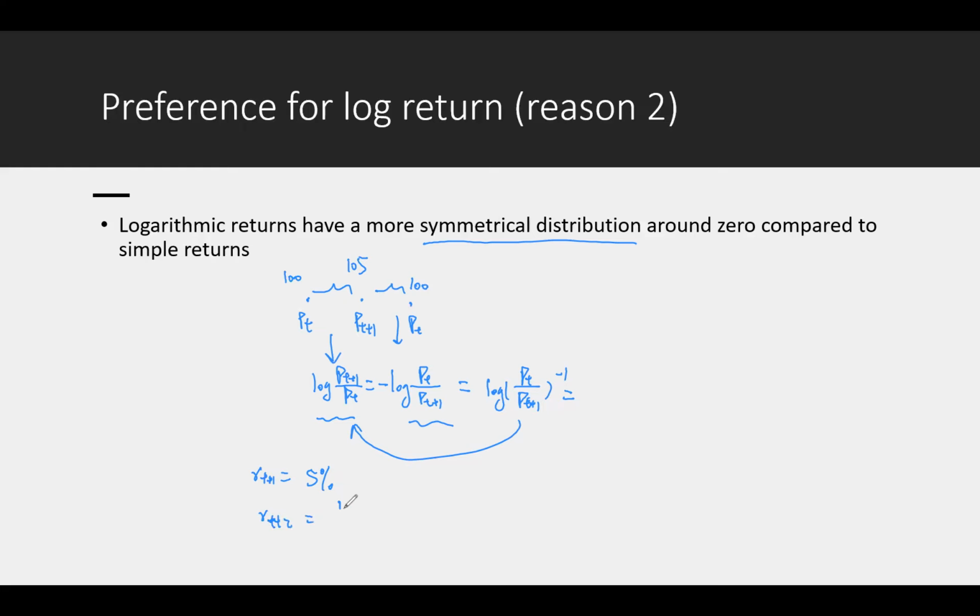Now we will calculate as 100 minus 105 divided by 105. And this will not be equal to -5%. And if you were to go through the calculation, you will know this, right? So if you were to use the simple return, it will not be symmetric around 0, right? So that's the second reason why we prefer log return over simple return.